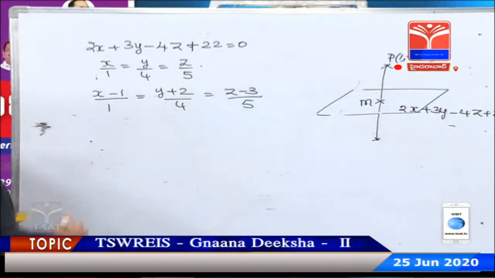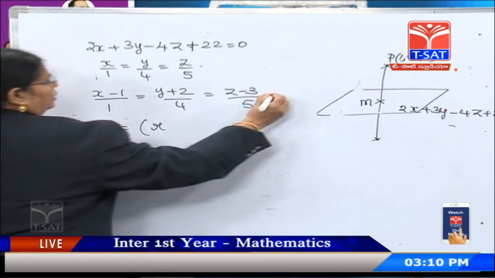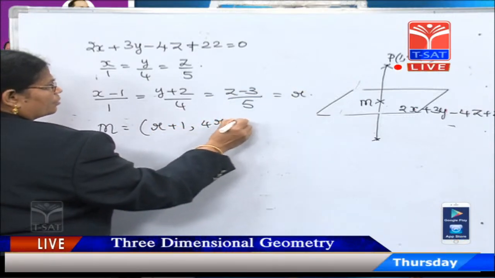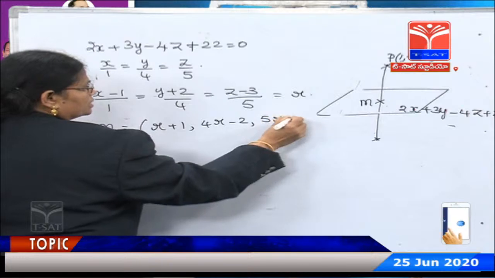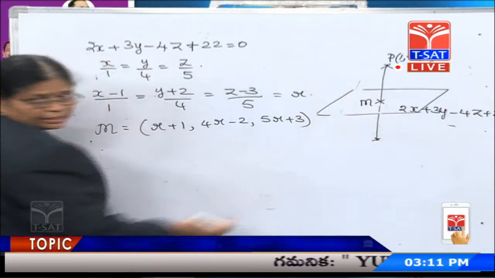This is the line PQ equation. If I write any point on this, let it be M. Equating it to r, the point is (r + 1, 4r - 2, 5r + 3). This point M is lying on the plane.